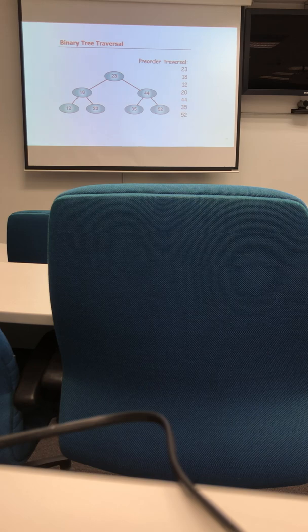So 44 comes first, then after that 35, left and right. So this is the pre-order traversal. Pre here is very easy to remember. Pre means parent comes first, then after that, left, right. Left means left subtree, right means right subtree.